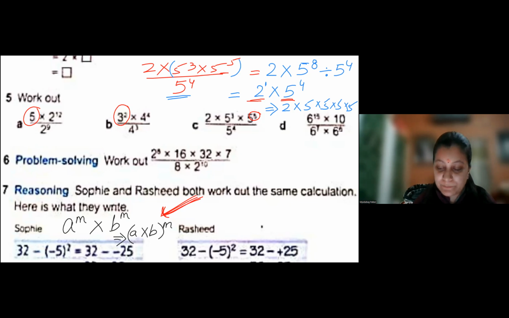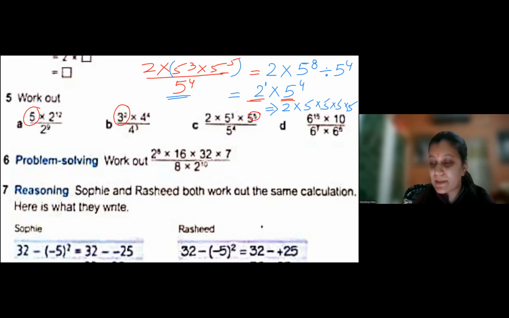Okay. Let's find out the answer for this one. So 2 multiplied by 5 into 5 into 5 into 5. Just see how much it is coming. 5 into 5, we have 25. 5 into 5, we have 25.